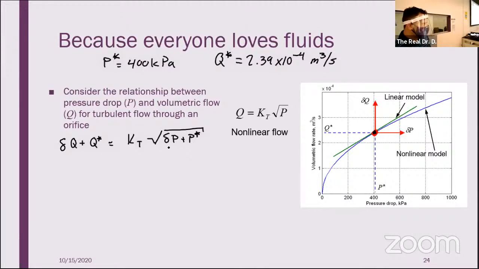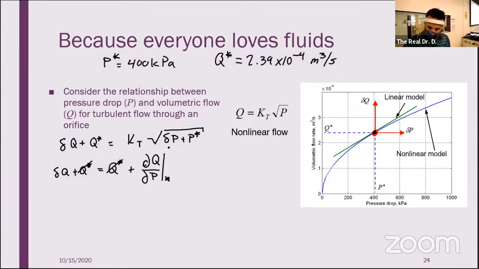So we can apply our Taylor series expansion here, which is what we're going to do. If we do that, we'll get delta Q plus Q star is equal to some function that is Q star, which means those are going to cancel, plus the partial of Q with respect to P evaluated at the star times delta P.